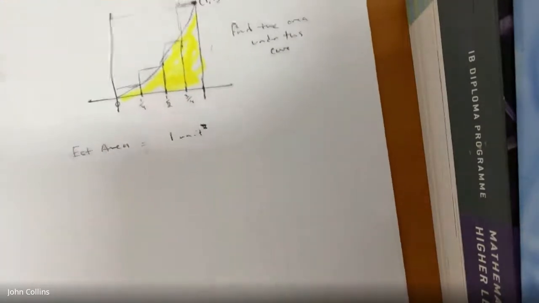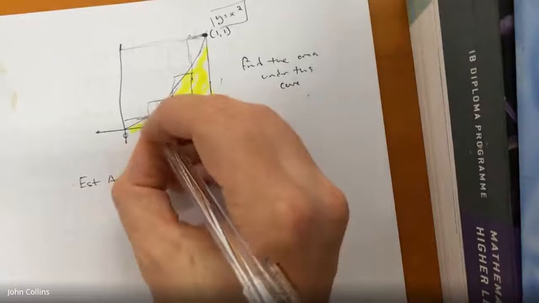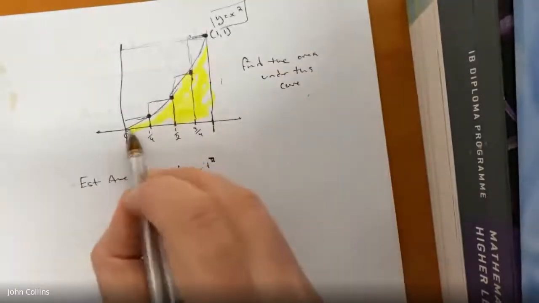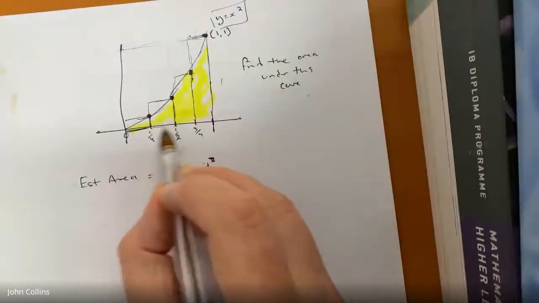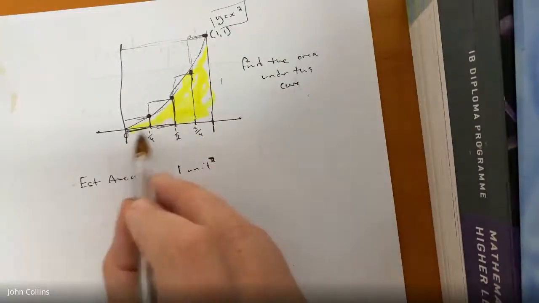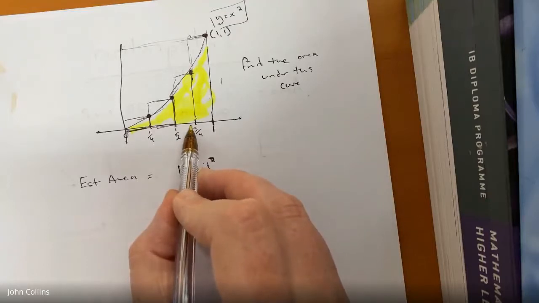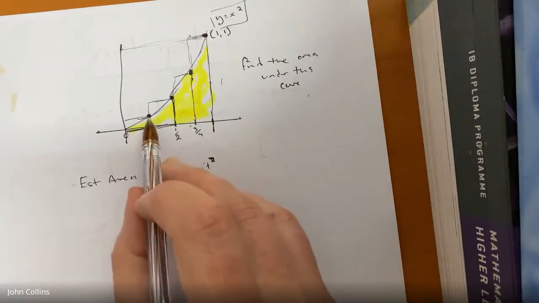As I chopped it up into 4, I need to find these points. I already know the width, don't I? I just need to know the height. The width is a quarter each time. So I need to find the corresponding height.